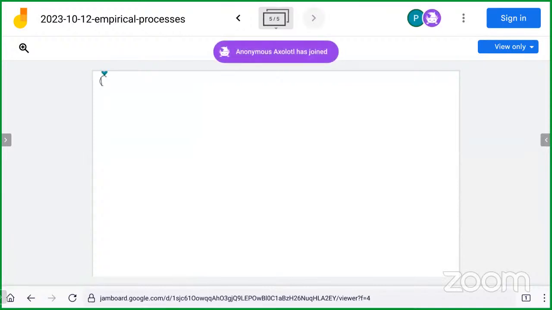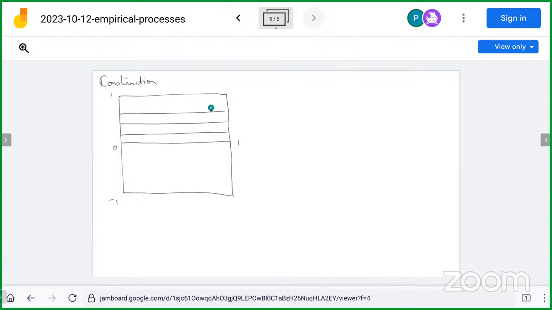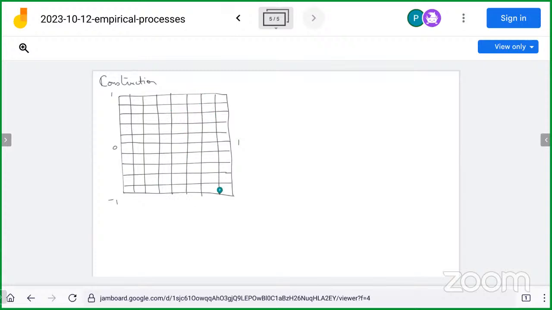So let's say this is like epsilon by 2. Now what kind of functions should be there?